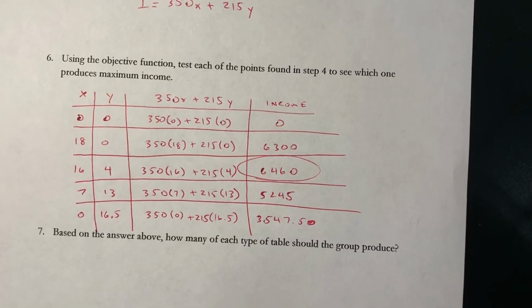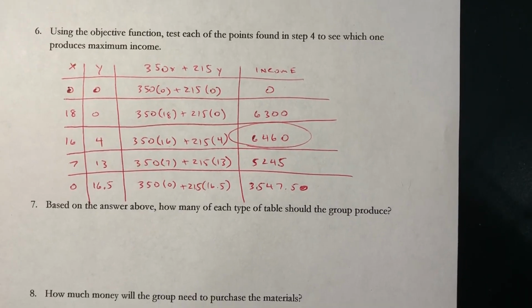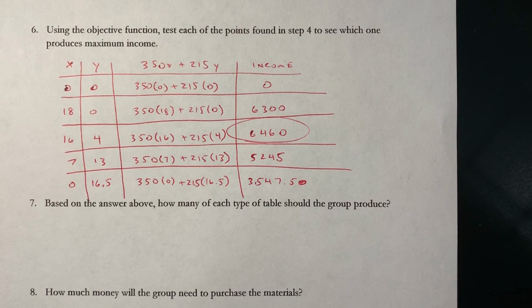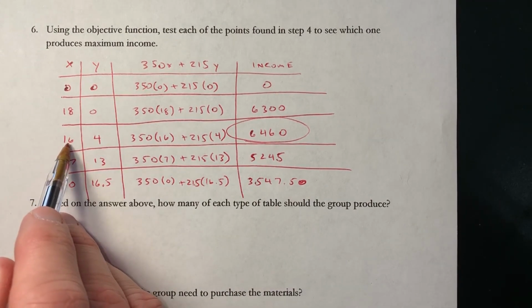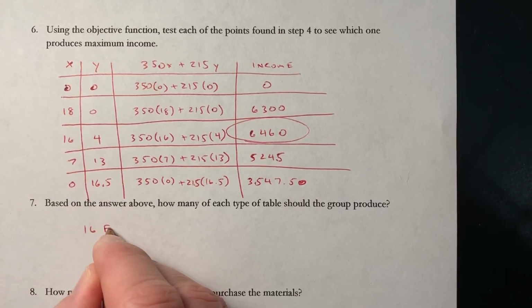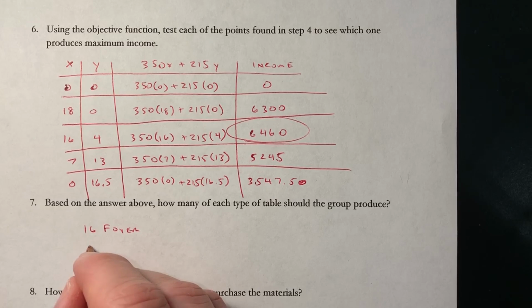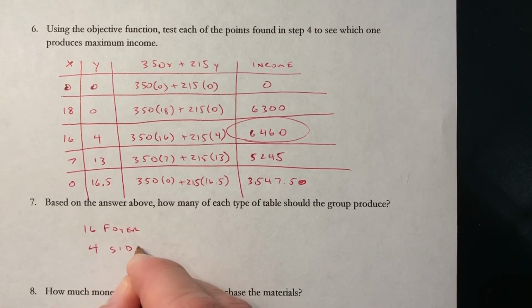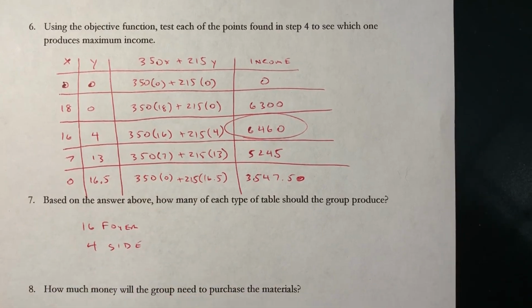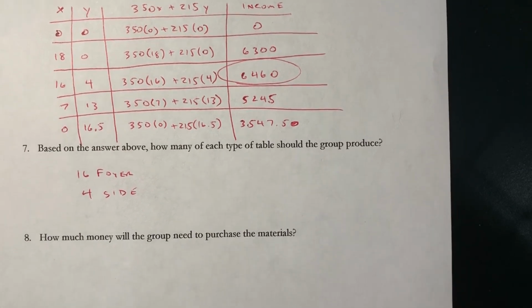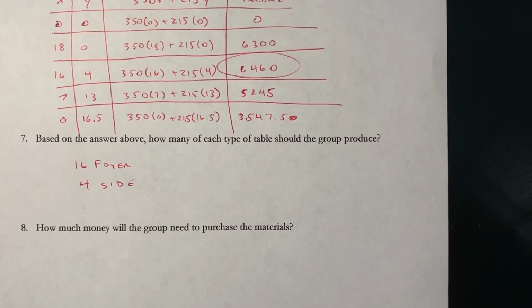So based on that table, how many of each table should this group produce? 16 foyer tables and 4 side tables. Okay, how much money will they need to purchase their materials?